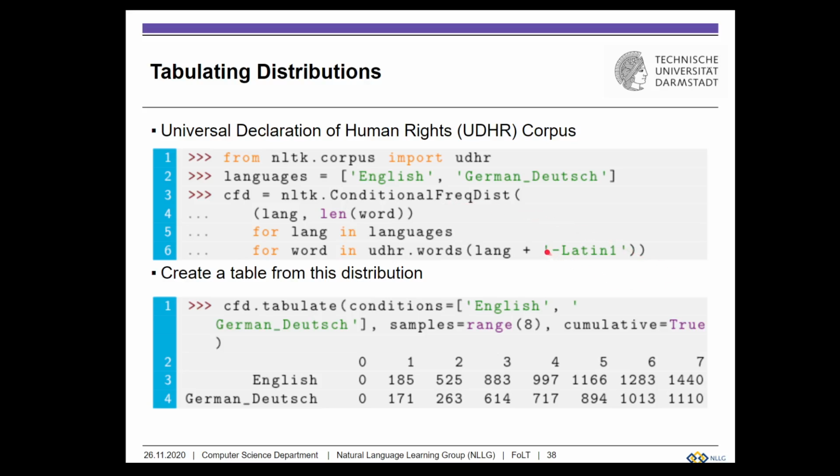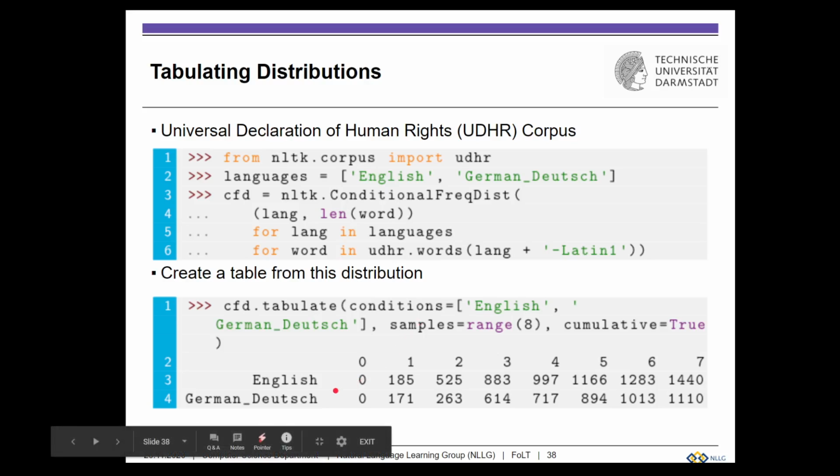And note here that we append Latin1 to the language denominator. This is just because the languages are apparently named like this in the corpus and has no other functionality. Okay, so now we want to check how English and German differ in the distribution of length of words.